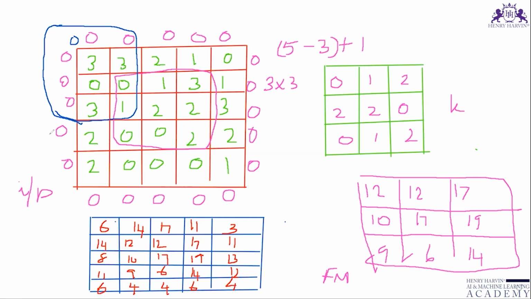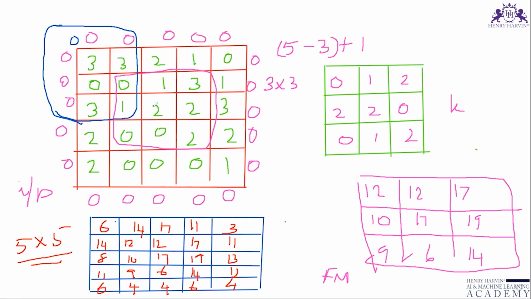See, look at the beauty of this. Previously it was 5 cross 5. When you add zeros in all the places, we are getting output as 5 cross 5, which means we are not losing any information. That is what the aim of padding was. Hope it is clear to you. So what has happened over here?